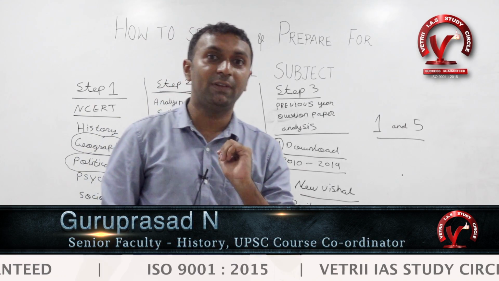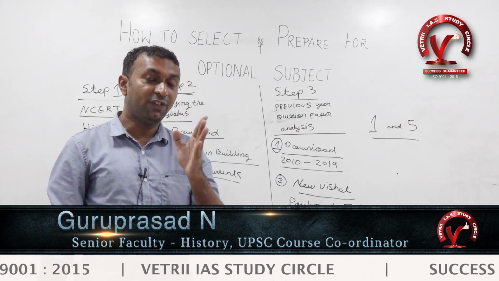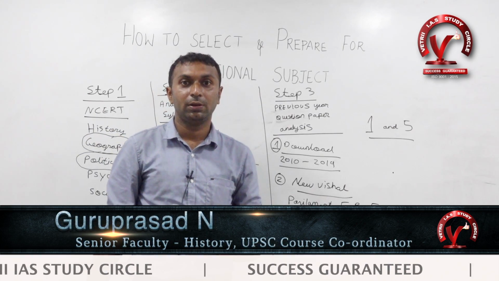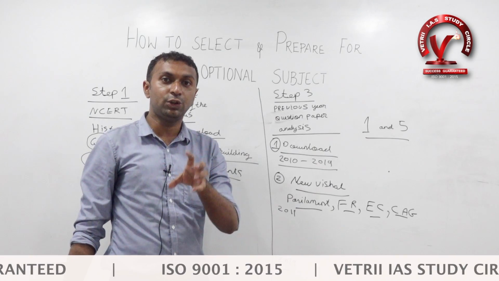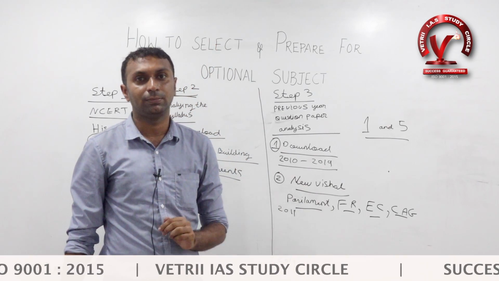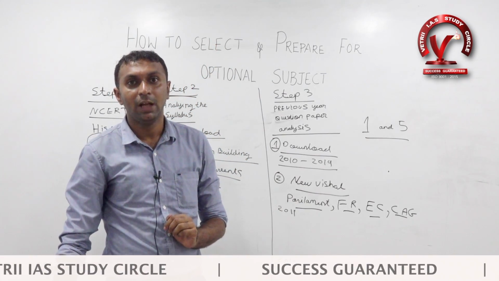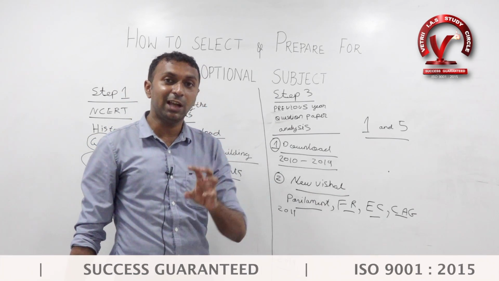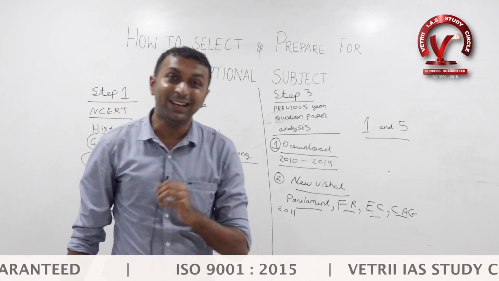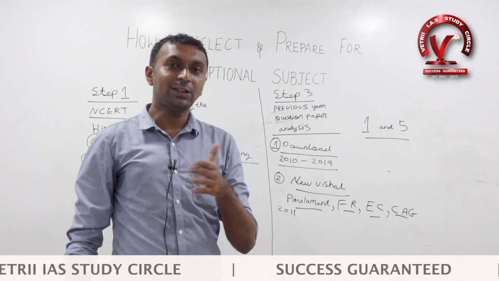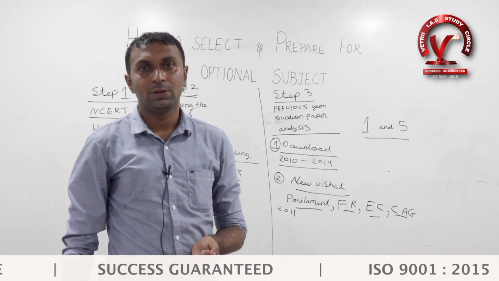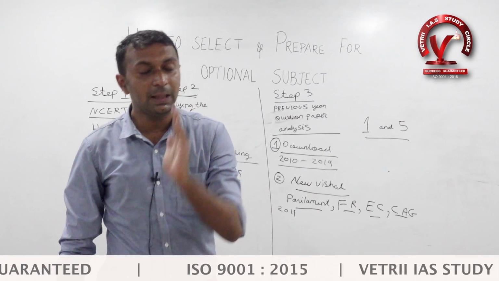Maybe in 2011 they asked about the difference between Rajya Sabha and Lok Sabha. In 2012, the powers of the Speaker of Lok Sabha. Maybe in 2013, the various committees of Parliament. In 2015, the various bills or the role of the opposition leader in Parliament.